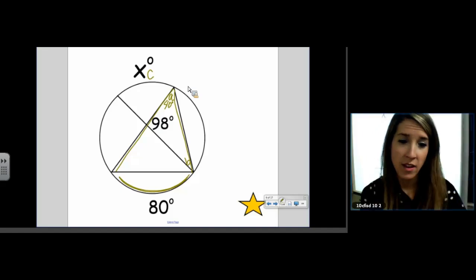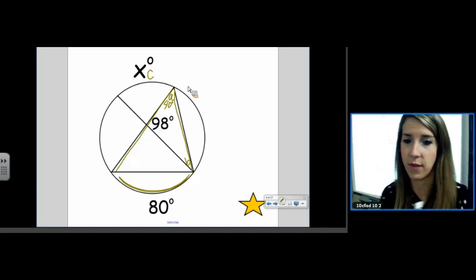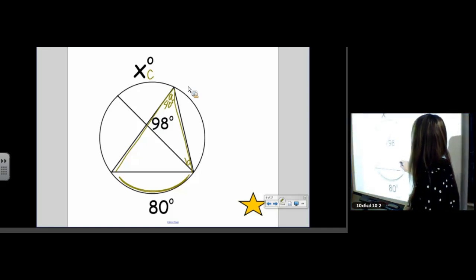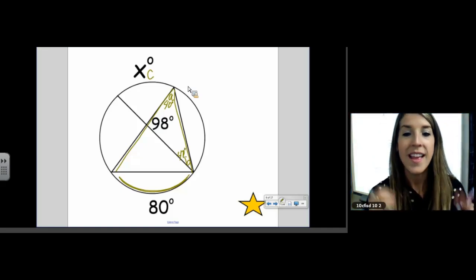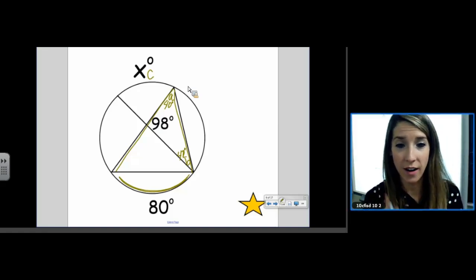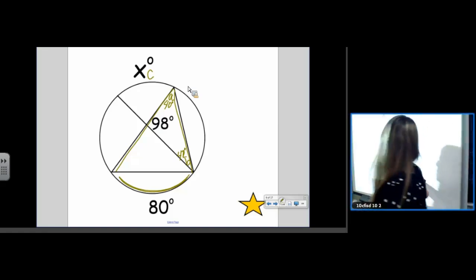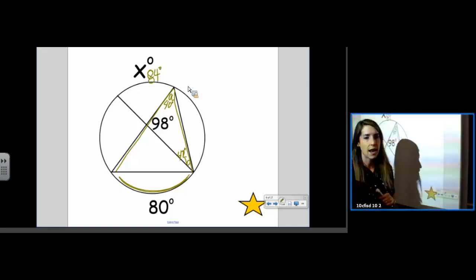It's 40. Triangle sum theorem: 40 plus 98, subtract it from 180. I think you get 42. Oops, 42 degrees. And then you can find the arc. If the angle is half the arc, the arc is double the angle. So you just take 42, you double it, and you get 84.